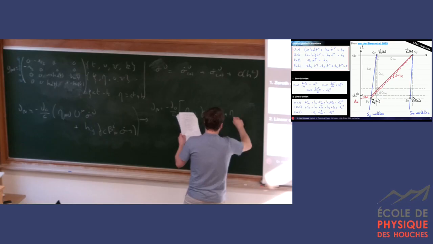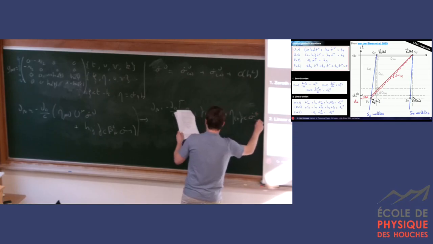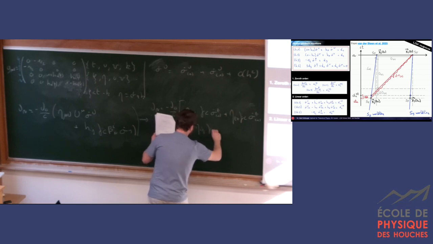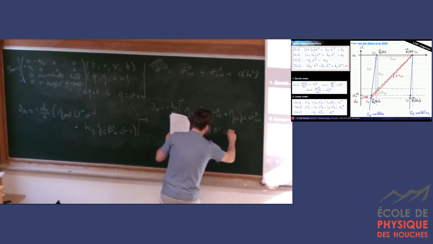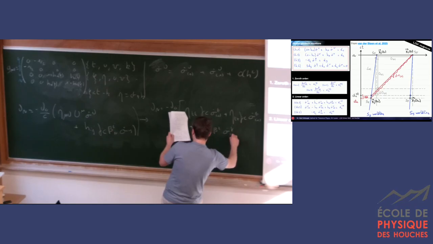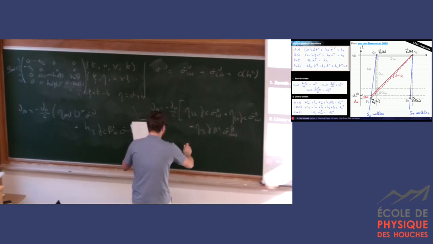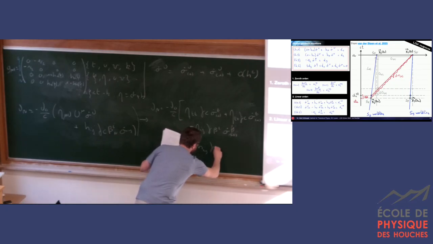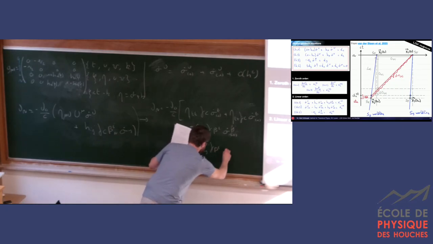Plus, you just decompose the sigma dot into a zero version and a one version, plus this term here, gamma beta i, sigma dot g1.